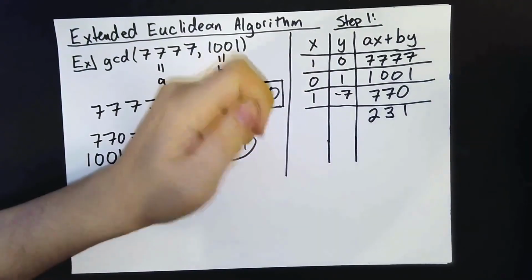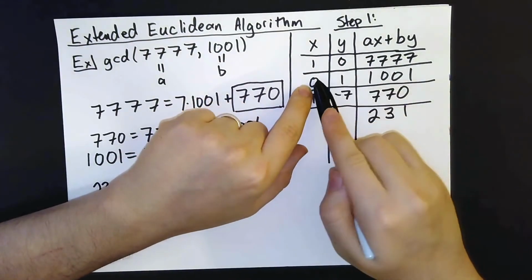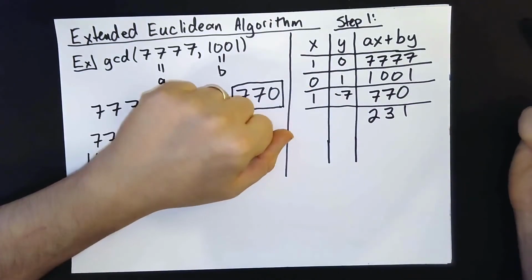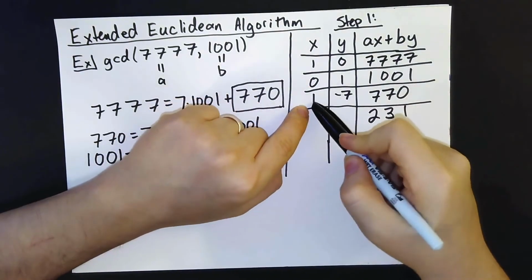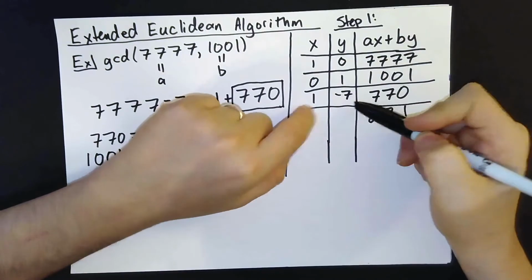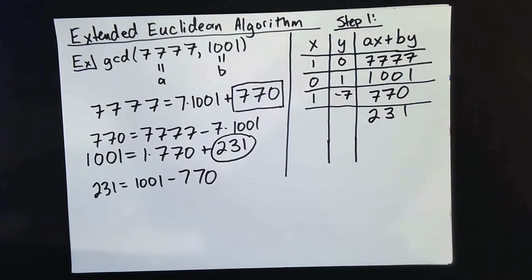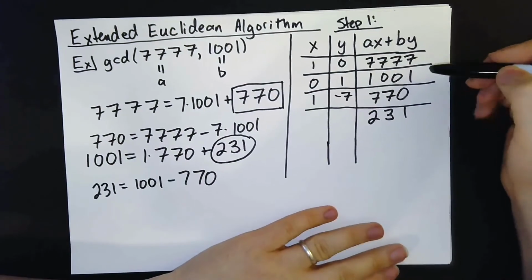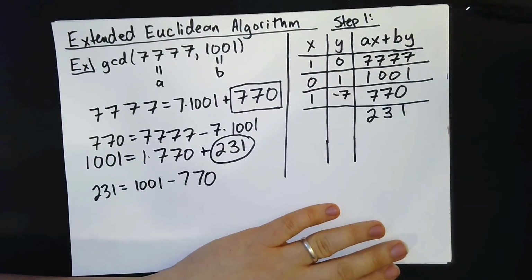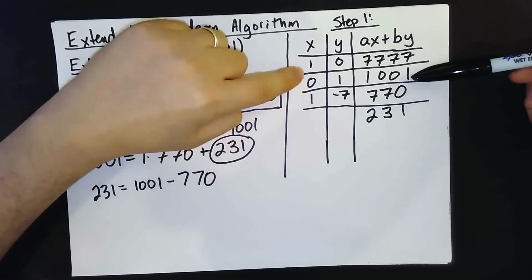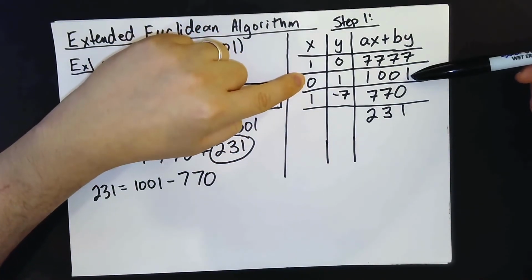Or, if you prefer, it is 0 times a plus 1 times b minus 1 times a minus 7 times b. All I'm doing here is subtracting the equation that this line represents from the equation that this line represents.